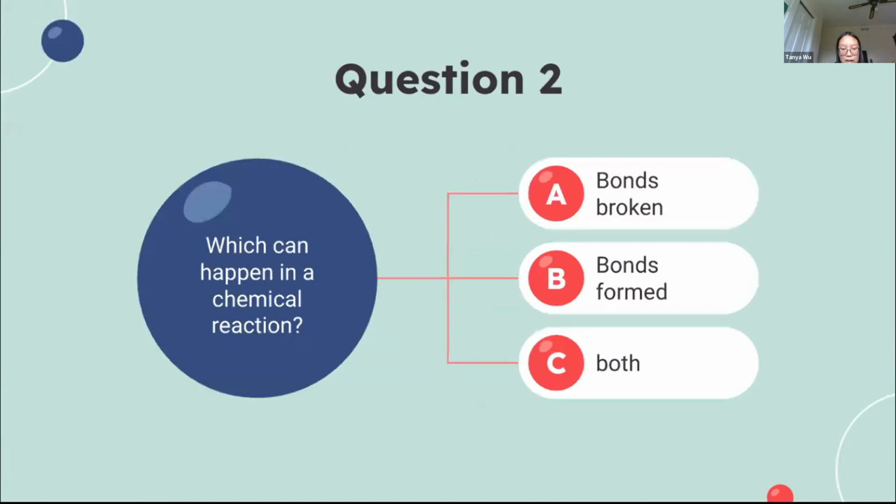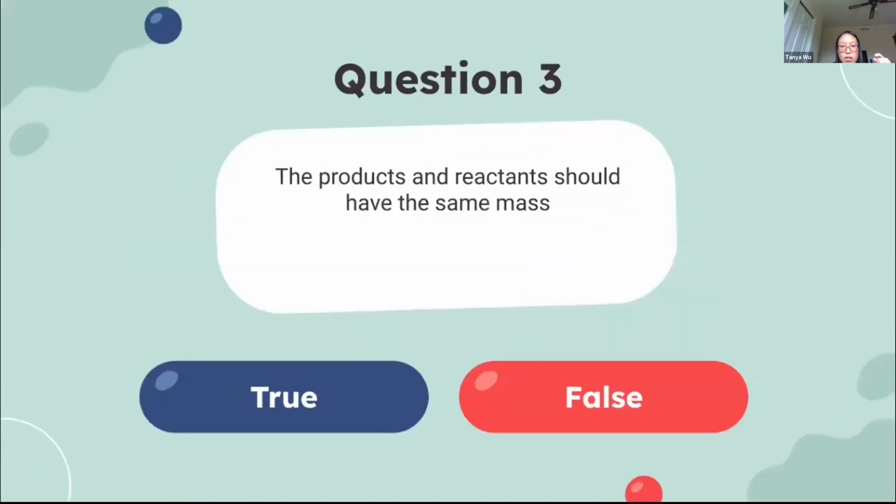Which of these can happen? These don't always happen, but they can. Yes. Okay. Products and reactants should have the same mass. This is a very important concept. Yeah, true. They should have the same mass.